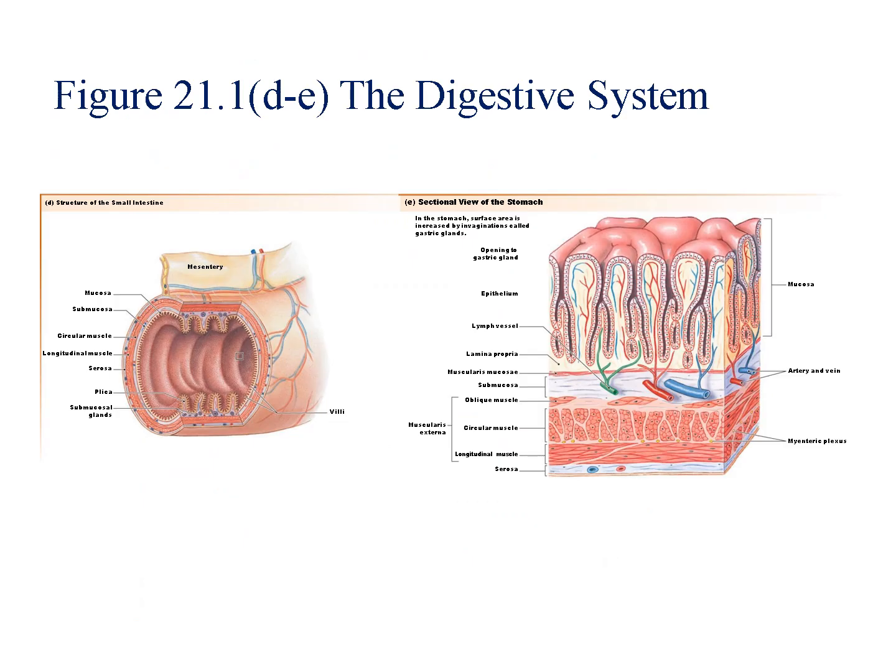This figure provides a detailed view of the digestive system, focusing on the small intestine and a sectional view of the stomach. In the first image, we see the structure of the small intestine. The small intestine is responsible for most nutrient absorption and is composed of three main regions: the duodenum, jejunum, and ileum.